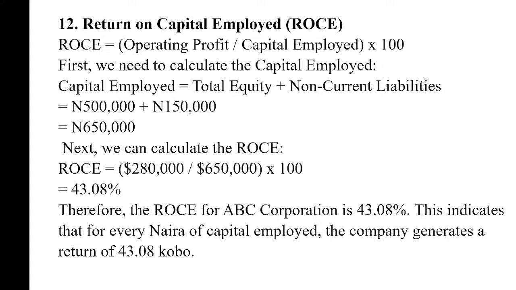Next, you can calculate the return on capital employed. So it will be 280. Please don't mind the dollar sign. It's supposed to be a naira sign. Over 650 times 100, which is 43.08%.